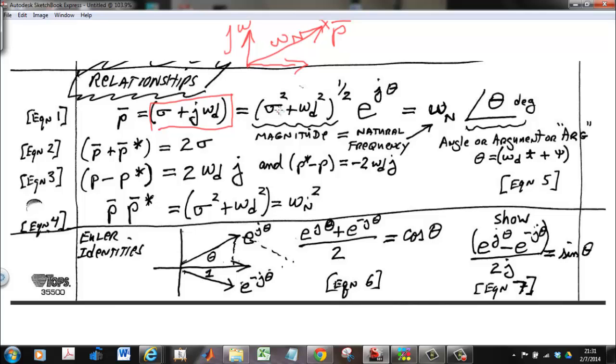So that would be the natural frequency, the magnitude of that phasor, and that phasor would have an angle e to the j theta.